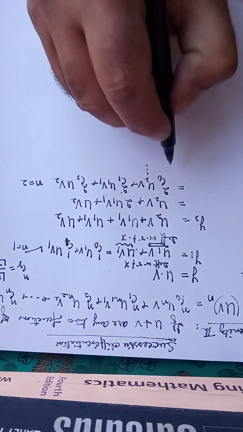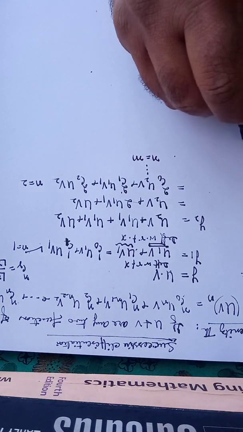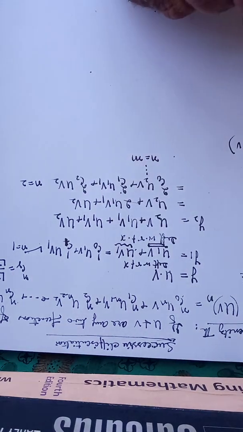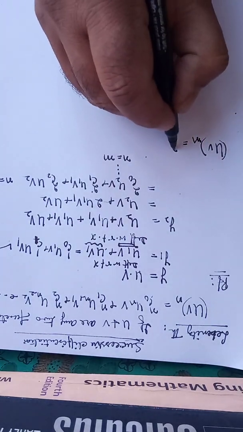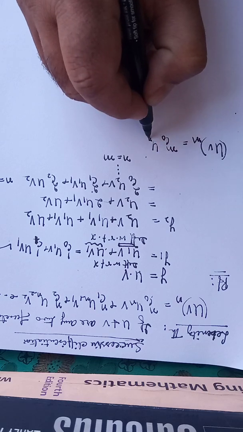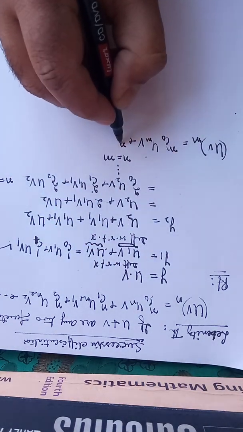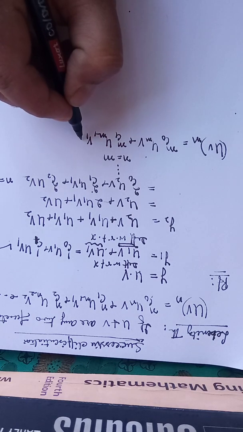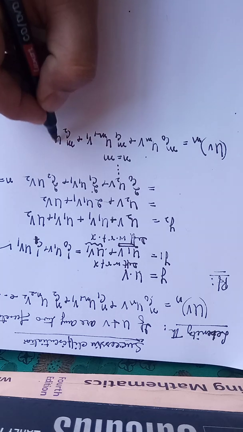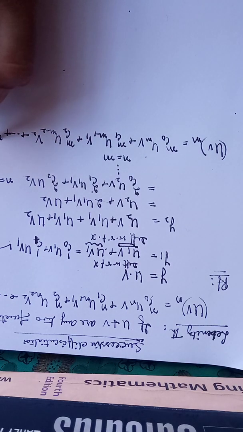Now let me assume that the result is true for n equal to m. Means the mth derivative of uv is equal to mC0 um v, instead of n we have m, + mC1 u(m-1) v1 + mC2 u(m-2) v2 + and so on + mCm u vm.